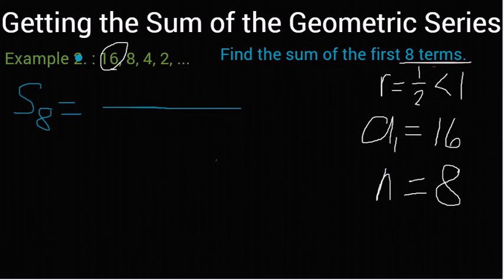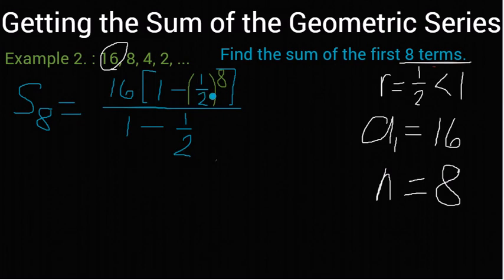The formula is the first term, which is 16, times 1 minus 1/2 raised to the power of 8. Let's use another bracket because we need to raise this to 8. And then we have the denominator, which is 1 minus 1/2.